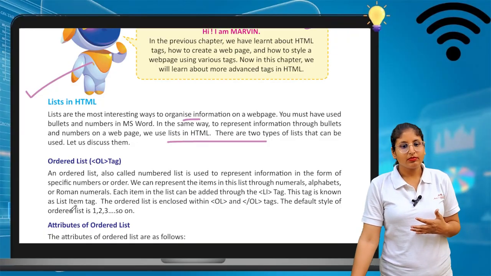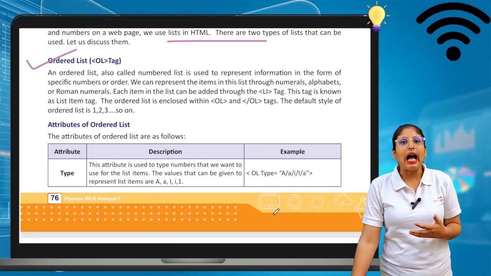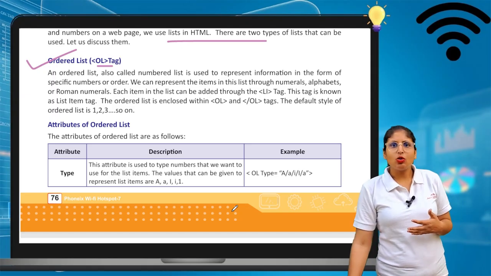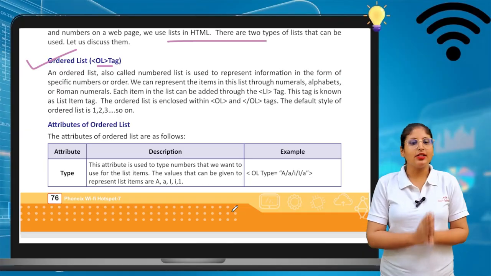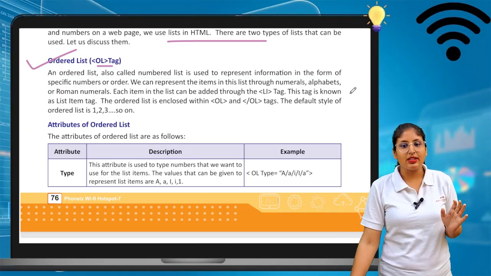First list is the ordered list, that is the OL tag. We will see what the ordered list is. An ordered list, also a numbered list, is used to represent information in the form of a specific number or order.